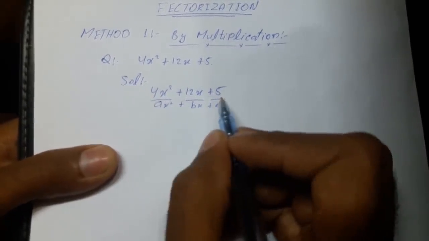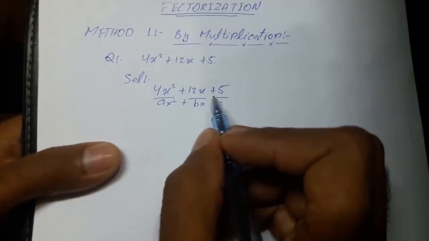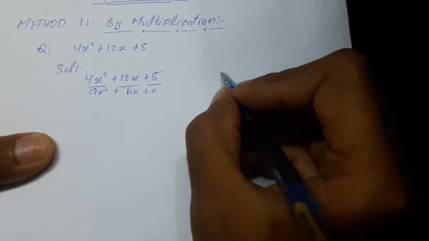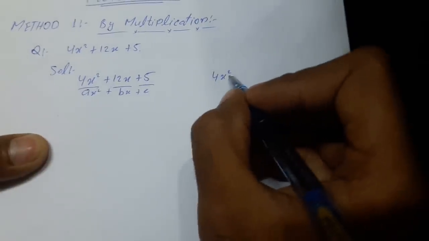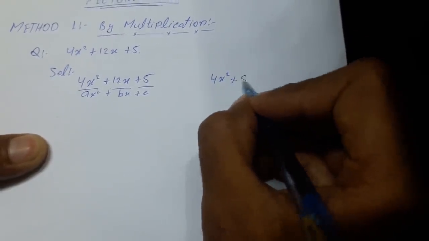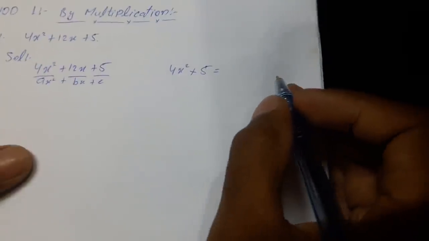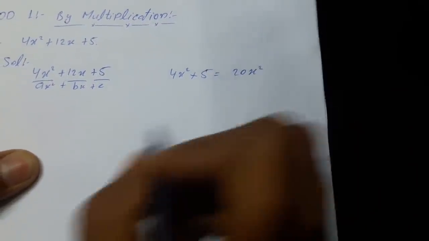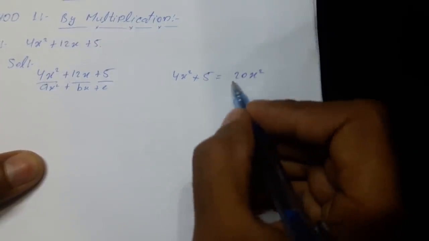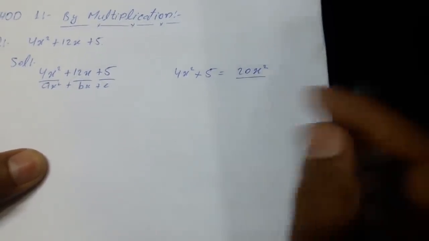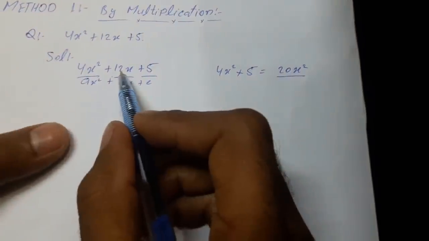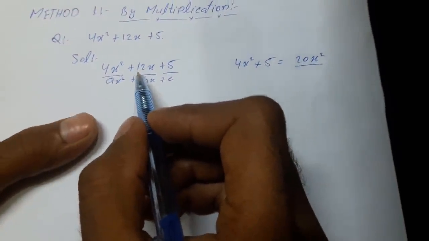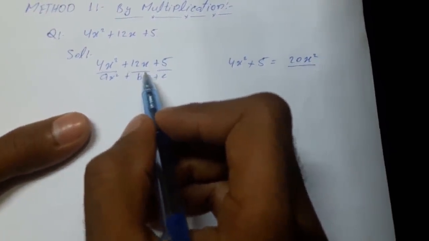The first number and the last number, we have to multiply them, like 4x square into 5 is equal to 20x square. Now we have the value 20x square. Now we have to check the middle value, the 12x.